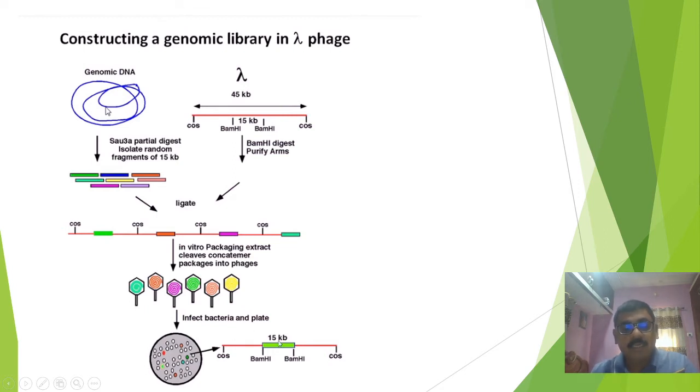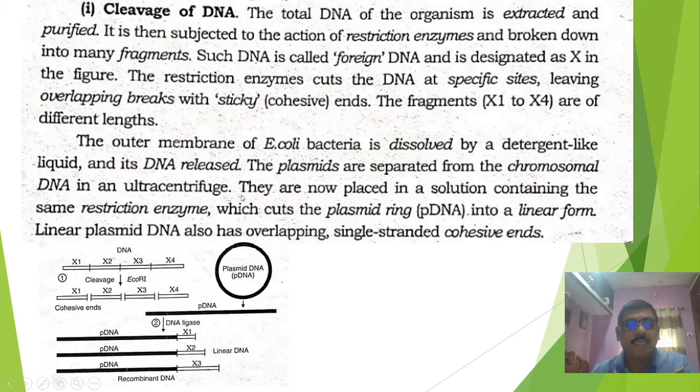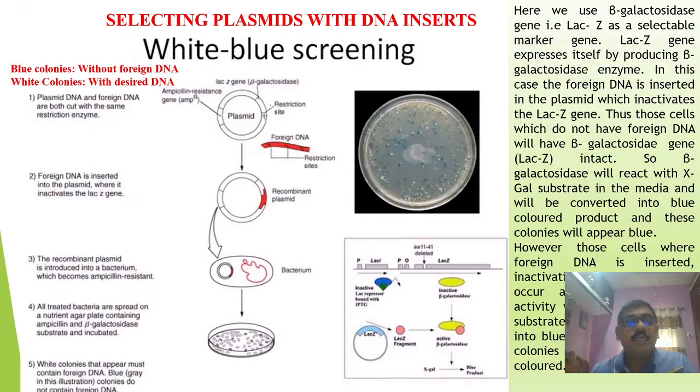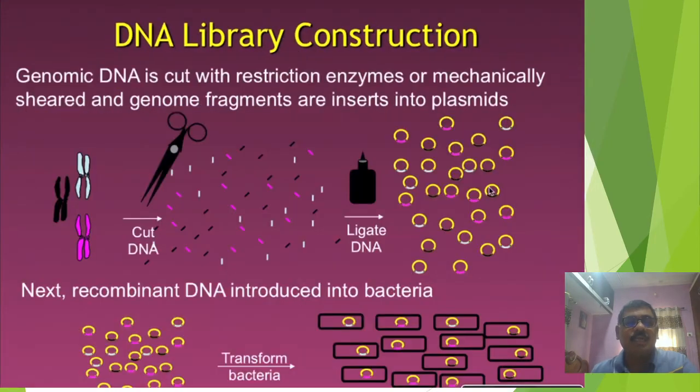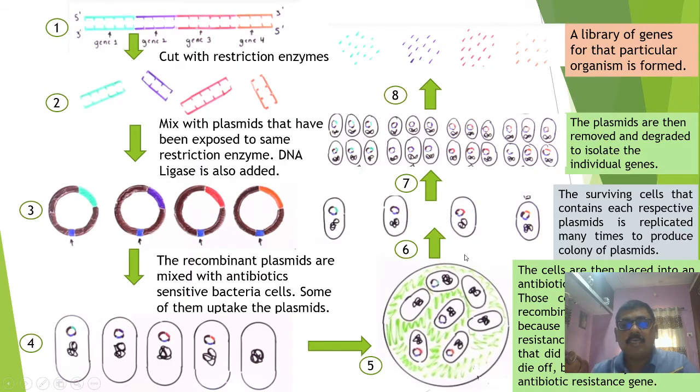Such genomic libraries can be constructed by using the lambda phage, as well as bacterial cells, cosmids, or yeast artificial chromosomes. So these are the important steps of gene isolation by the shotgun technique.